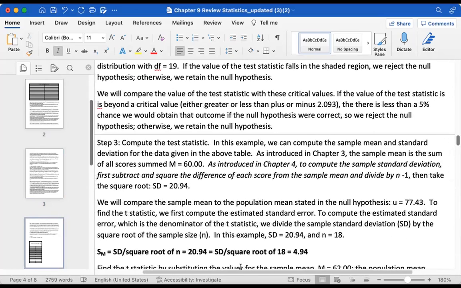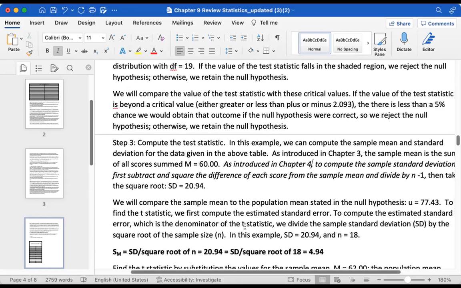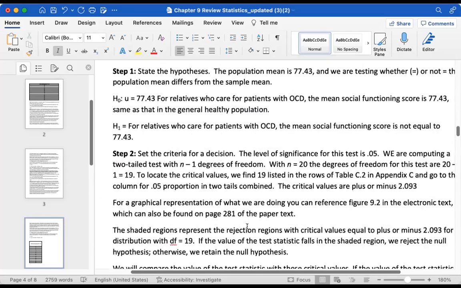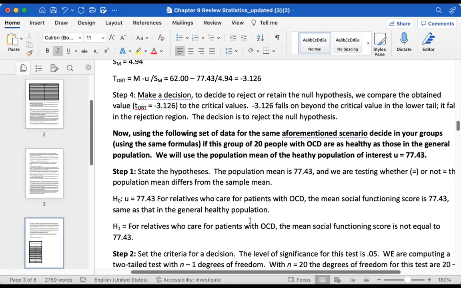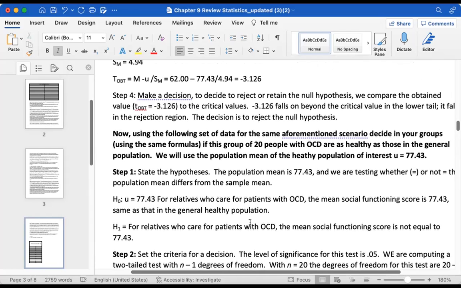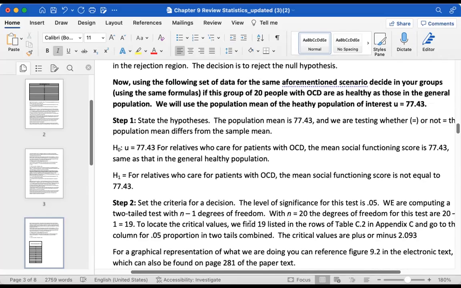So the sample standard deviation, we subtract the mean from each score and then take the square root. Do we have the standard deviation? We don't have it, do we? So we can ask Excel.